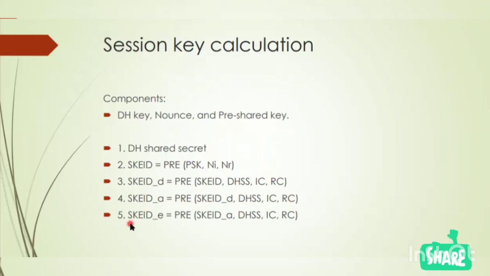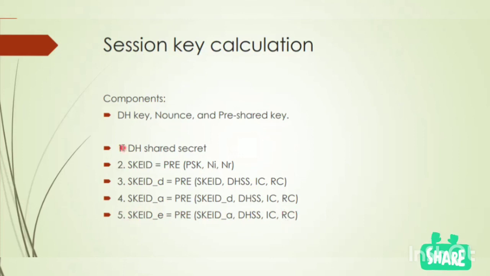Next, the fifth key is the encryption key, which is also used in phase 2, because in phase 2, all 3 packets are encrypted. So by using this encryption key, we are encrypting data. Now we need the authentication key, DH shared secret, initiator cookie, and responder cookie.